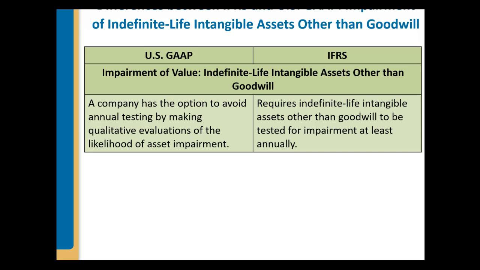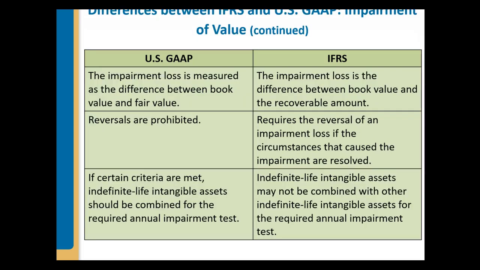Under GAAP, a company has the option to avoid annual testing by making qualitative evaluations of the likelihood of asset impairment. Under GAAP, the impairment loss is measured as the difference between book value and the fair value, while under IFRS, the impairment loss is the difference between book value and the recoverable amount.